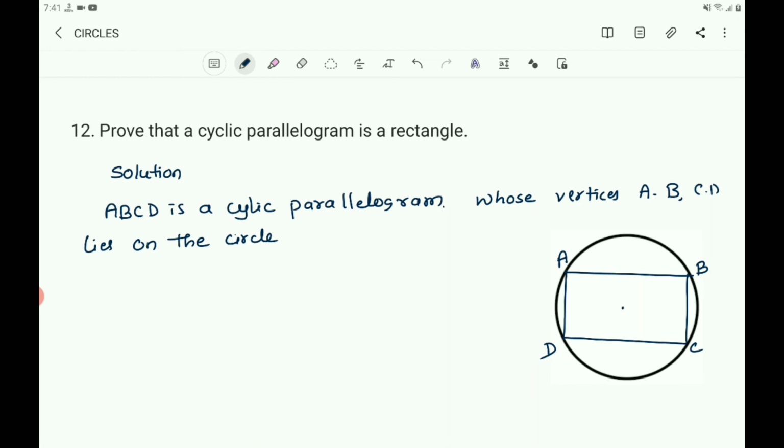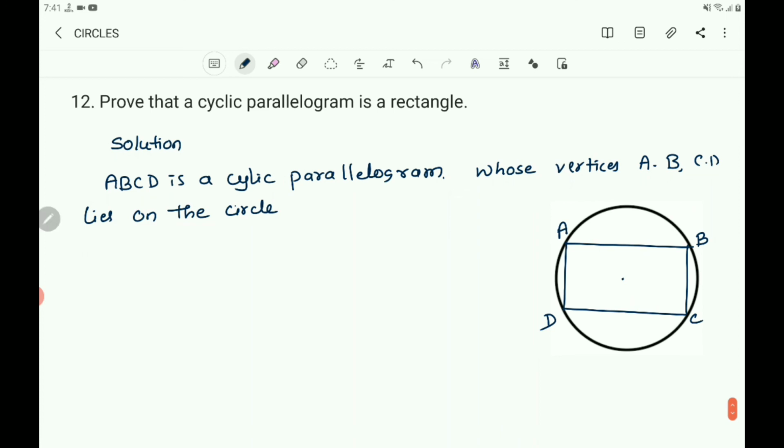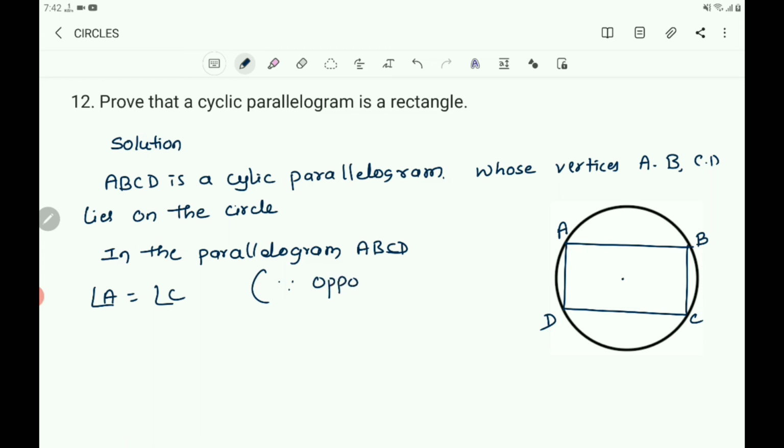So you take, in the parallelogram ABCD, angle A equals angle C. Reason, opposite angles of a parallelogram are equal.